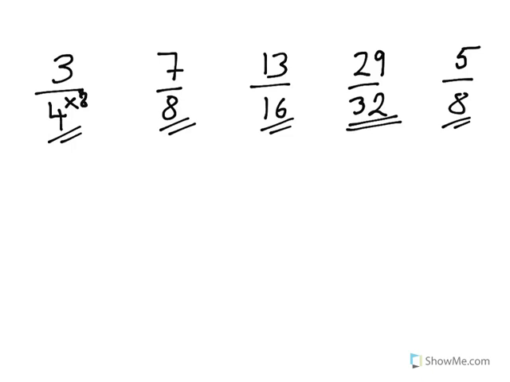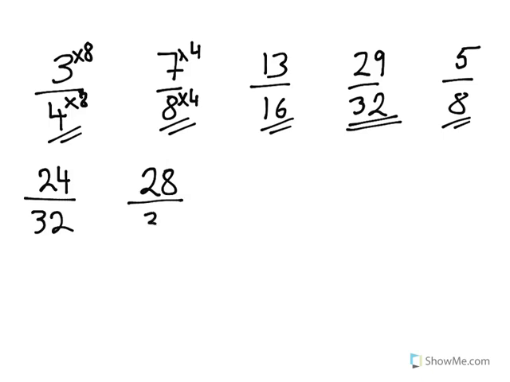If we multiply the bottom by 8, we multiply the top by 8. So 8 3s are 24, 24/32. Multiply the 7/8 by 4. 7 4s are 28/32. Multiply 13/16 by 2, giving us 26/32.